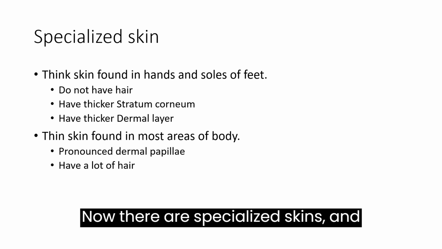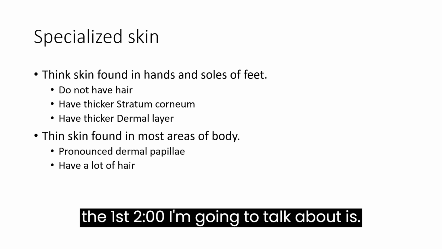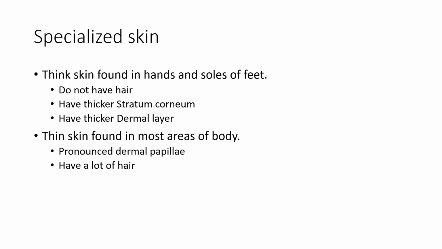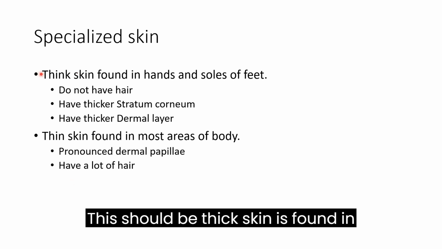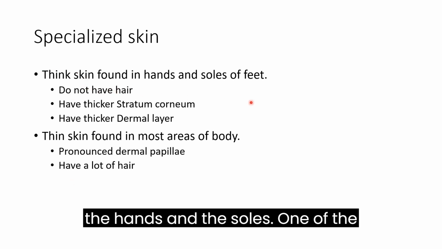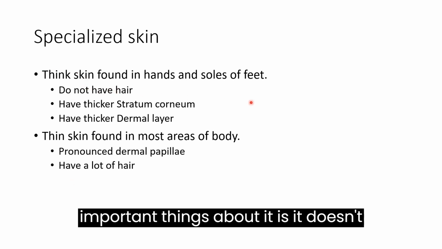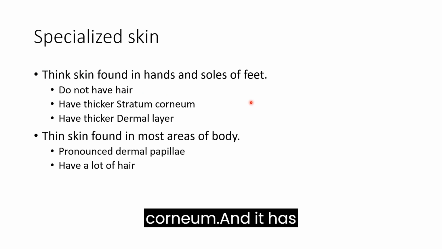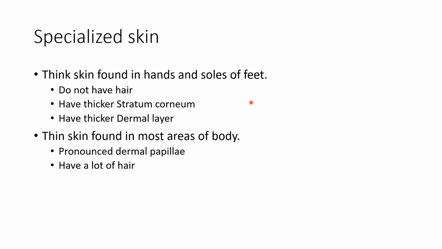Now, there are specialized skins, and the first two I'm going to talk about is thick skin. It's found in the hands and the soles. One of the important things about it is it doesn't have hair. It also has a thicker stratum corneum, and it has a thicker dermal layer.